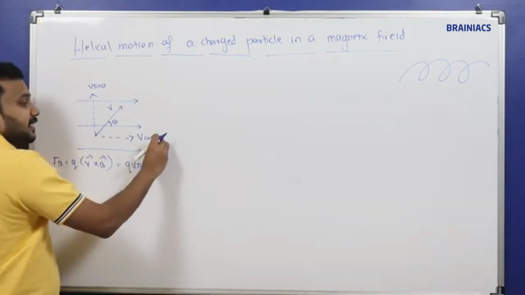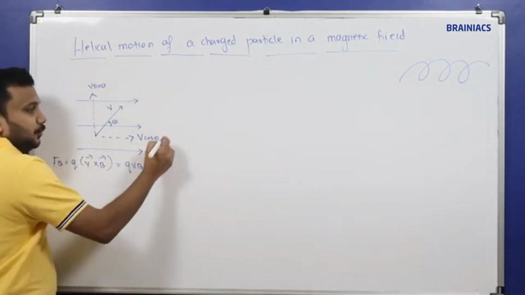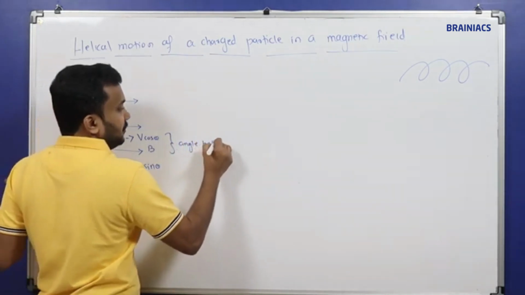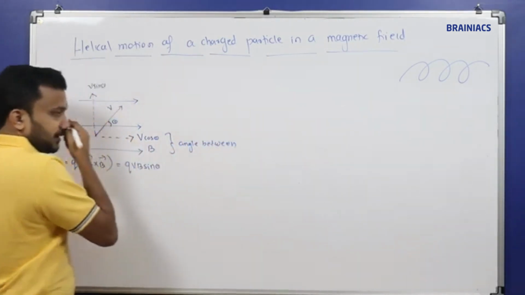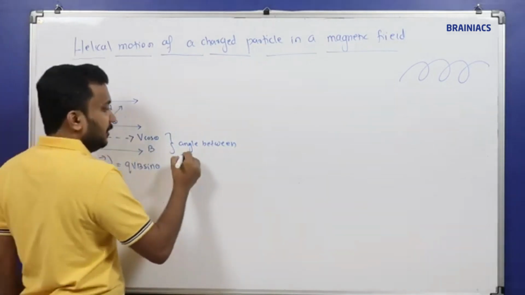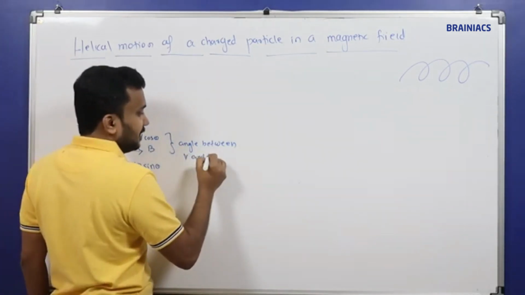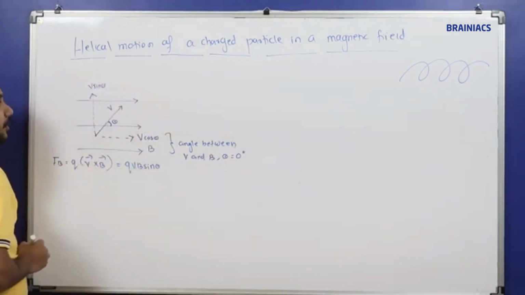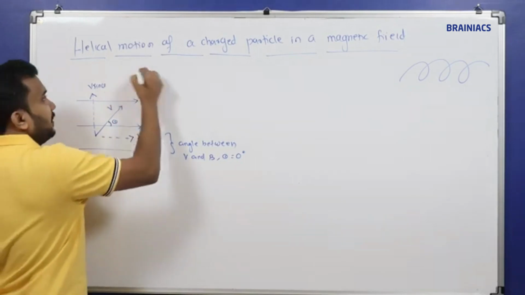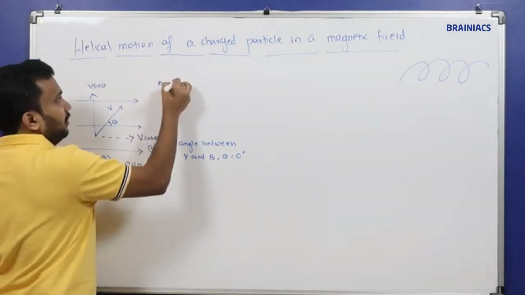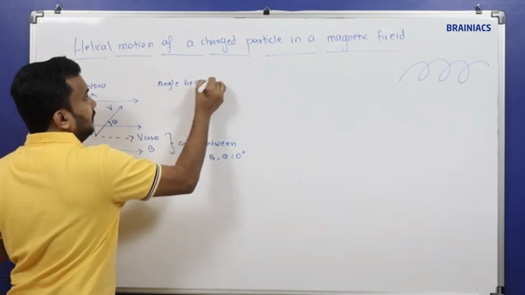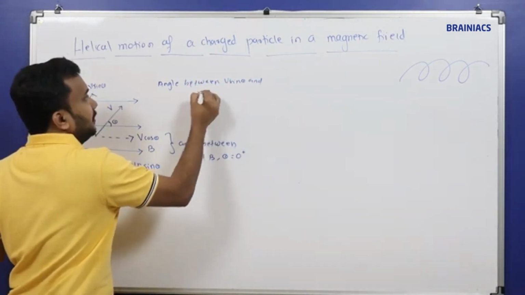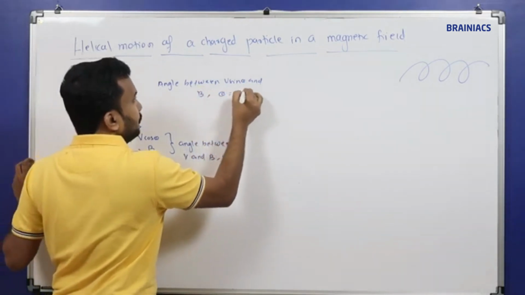The angle between v cos theta and B is theta equal to 0 degrees. And the angle between v sin theta and B is equal to 90 degrees.